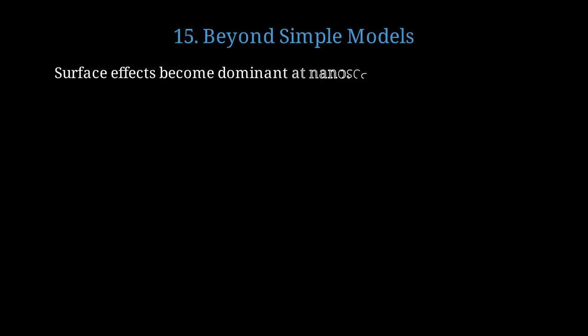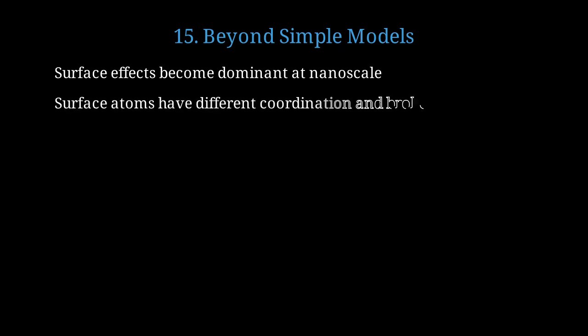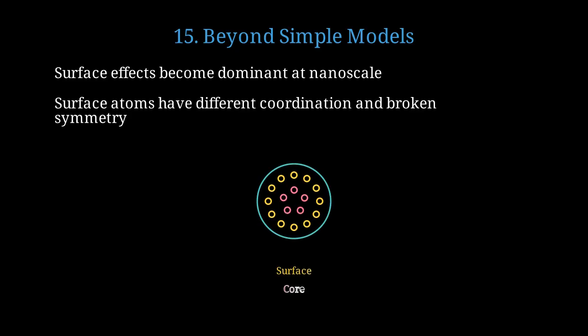Real nanoparticles often deviate from simple theoretical predictions. As particles shrink, surface atoms become a larger fraction of the total, and surface effects dominate. Surface atoms have fewer neighbors and broken symmetry, leading to different magnetic properties than bulk. A nanoparticle consists of a core with bulk-like properties and a surface shell with modified magnetic behavior.